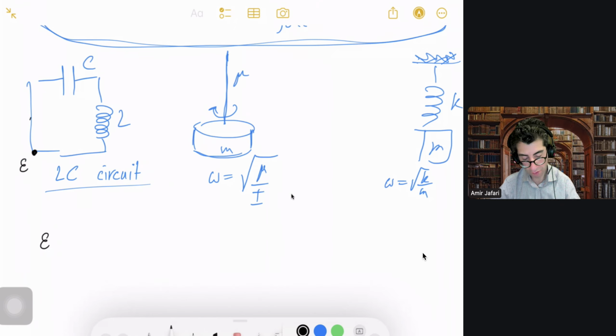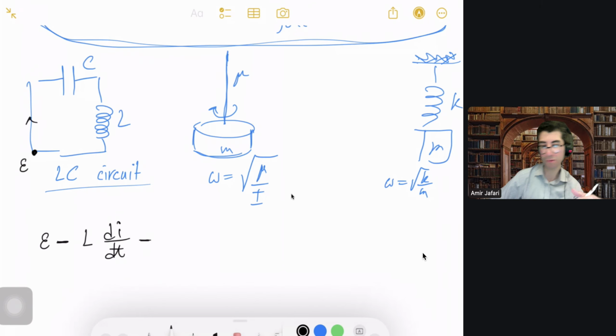Then you start and you go in this direction, it would be minus L di/dt. If you are familiar with electromagnetism, this should be familiar to you, but otherwise you can ignore it. When you pass through the inductor, you're going to get a drop in potential. I'm talking about the voltage, the potential in the circuit.